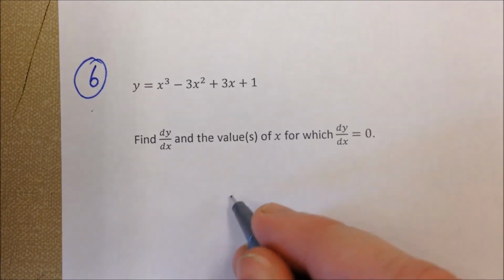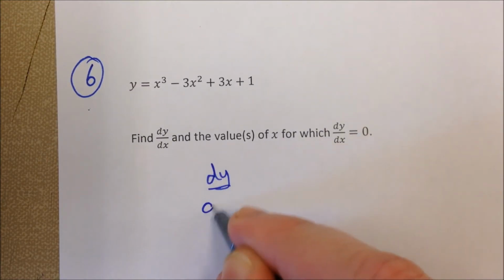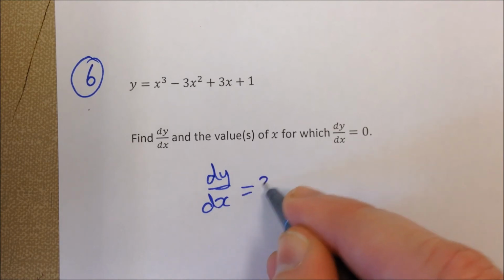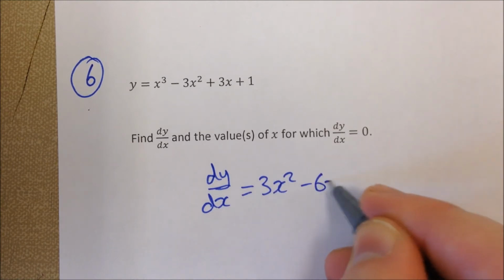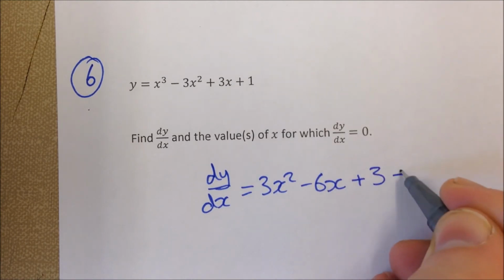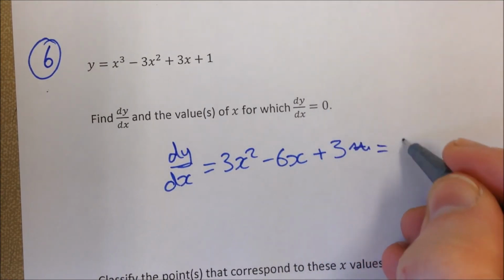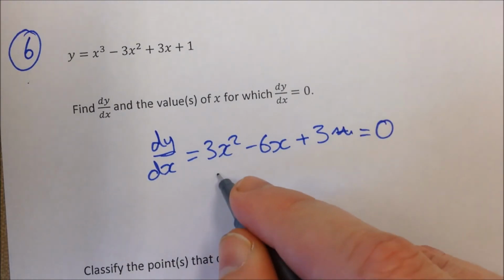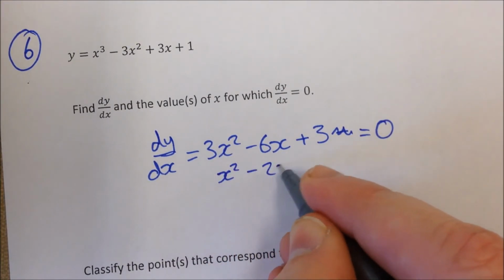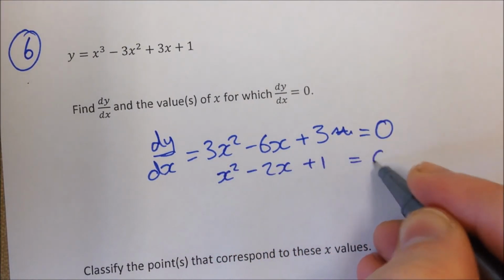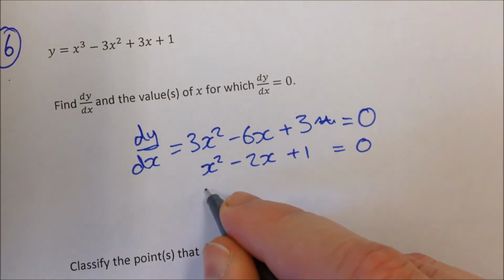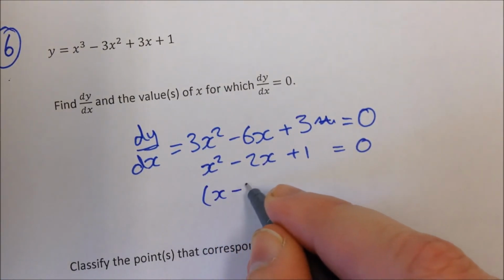Number 6. First of all, differentiate. Set that equal to 0. Divide everything by 3. Okay, so that is going to be x take away 1.